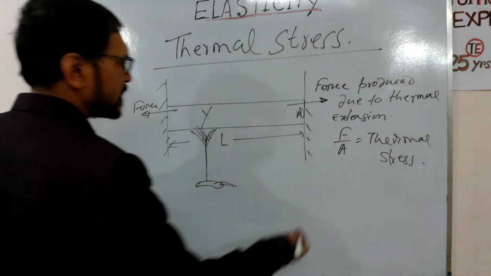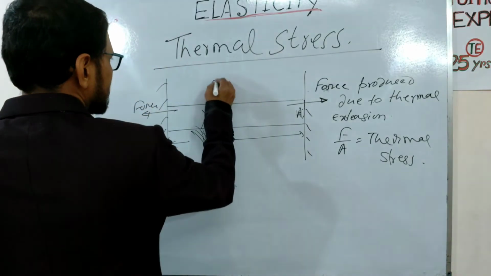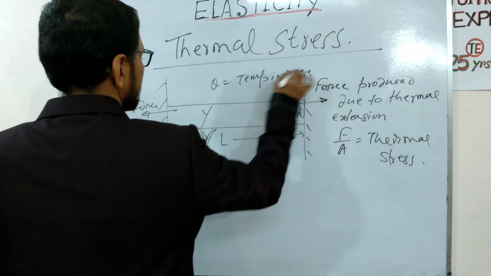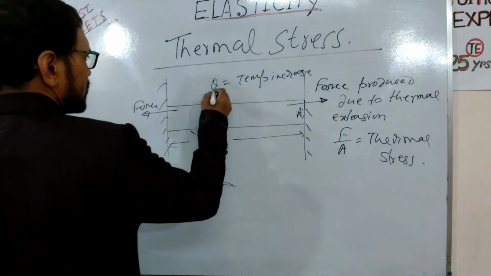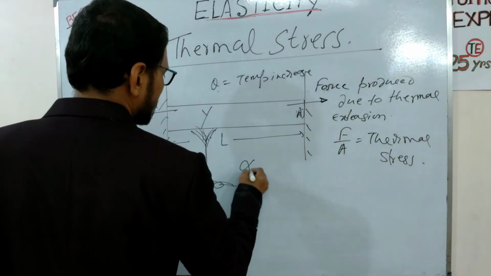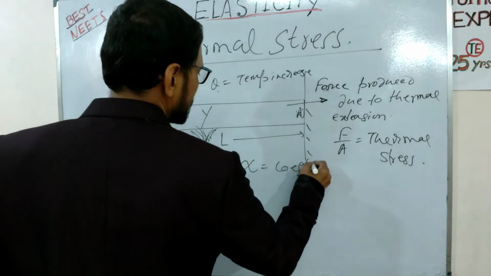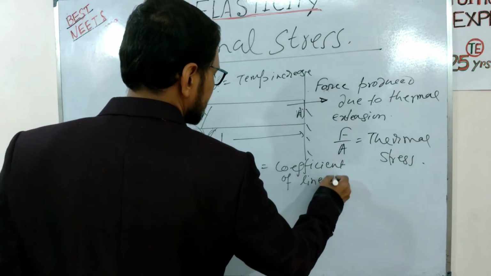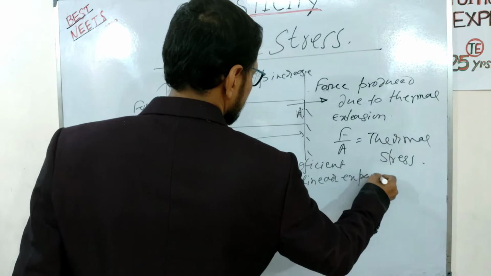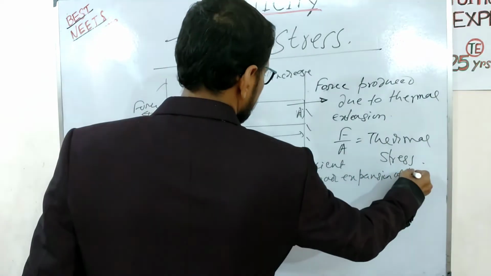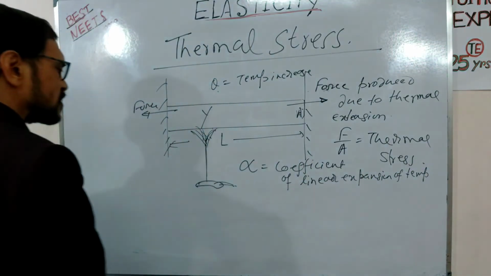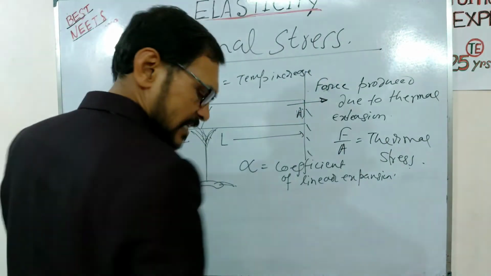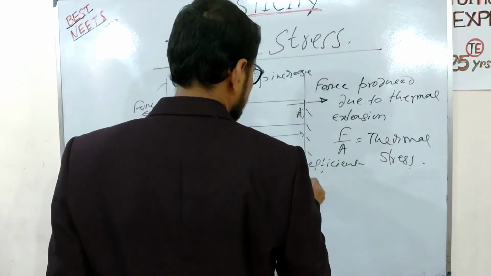Now how can we find the thermal stress? If theta is the temperature increase and L is the original length, and here we require alpha, the coefficient of linear expansion.